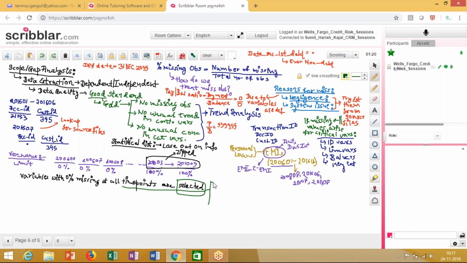One is the ID variables, the date variables, then I have continuous variables, and categorical variables.